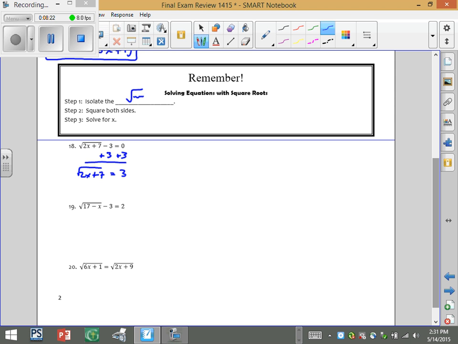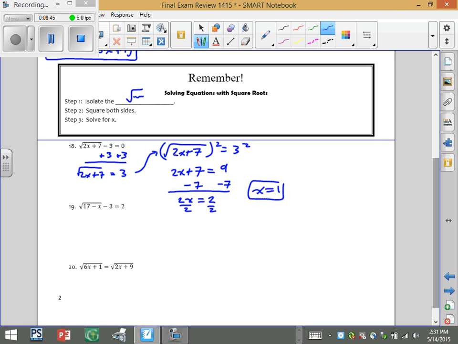Now we're on to step 2, so square both sides. So that turns into the square root of 2x plus 7, squared, equals 3 squared. Well, when you square a square root, we're left with 2x plus 7 on this side, and we're left with 9 over here. And now we just solve it like we would a normal problem. So 2x equals 2. Divide both sides by 2. And so for this one, x equals 1.